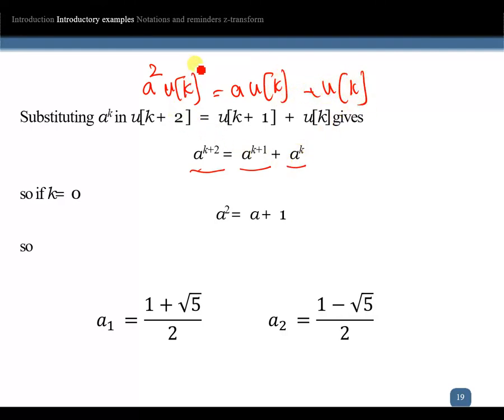And if you see, cancel this thing, you will find that a² is equal to a plus 1, the same as the previous formula. You can find the A1 and A2, two values of this.